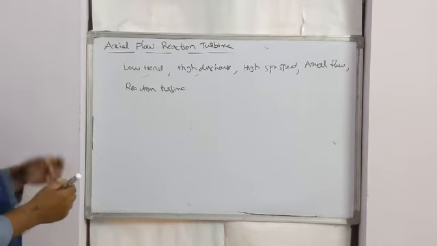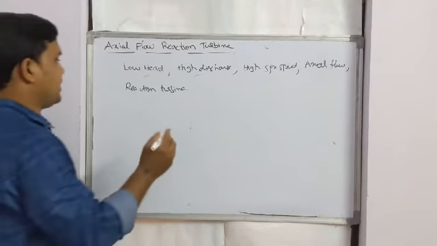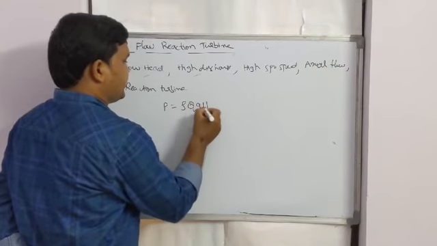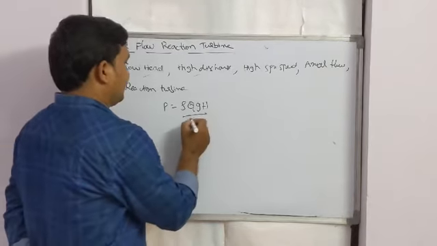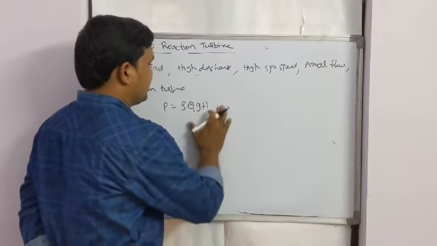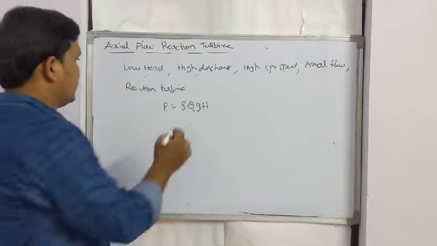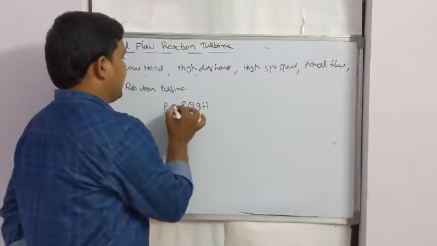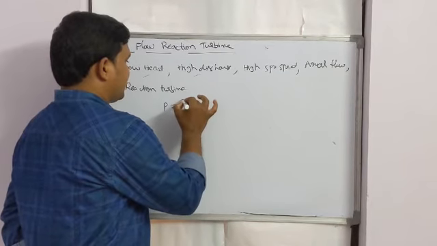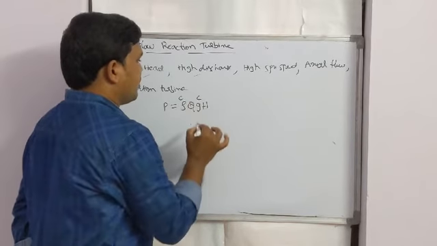Because we know the power equation, power P is equal to rho Q g H divided by 1000 if you want kilowatts. If you don't divide by 1000, it is in watts. In the equation, rho, the density of water, is constant, and acceleration due to gravity g is constant.